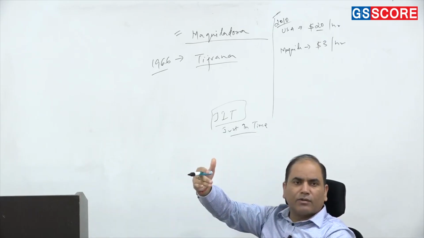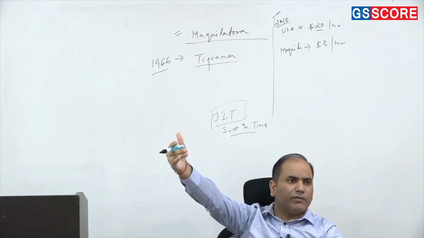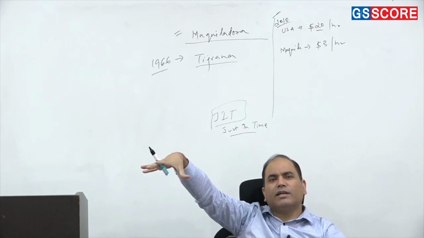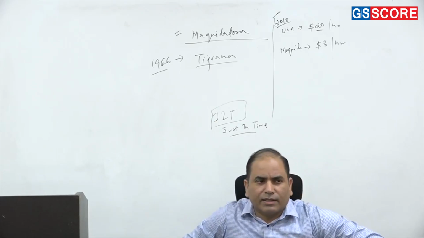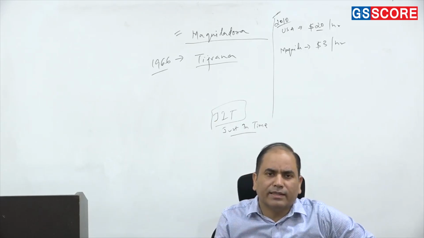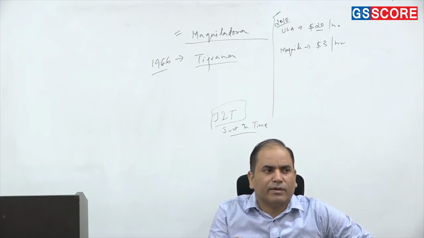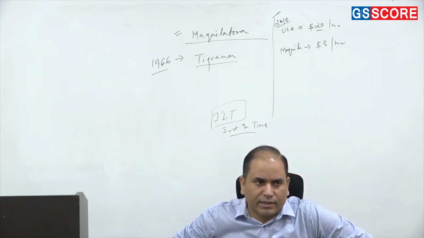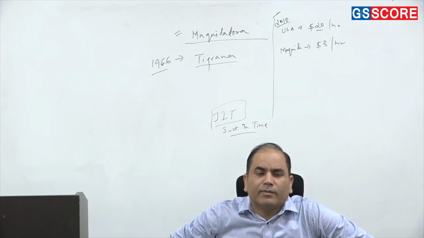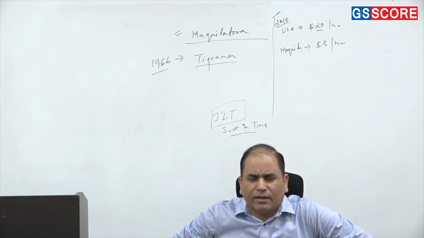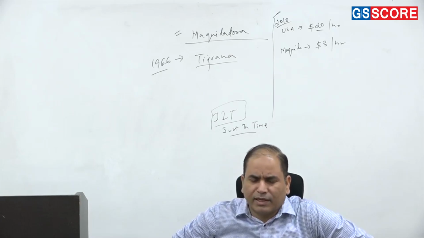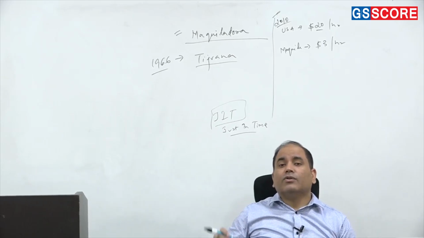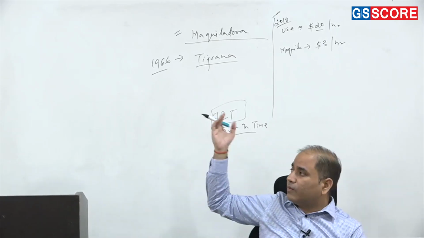Like in our country also, most of the automobile manufacturers work in that model presently: they will not keep inventory, they will not just manufacture. Rather, when a customer wants a vehicle, they will take the booking and then start manufacturing it. So the just in time manufacturing concept is prevalent throughout the world at present, but in those times it was the USA manufacturing centers that were following it.